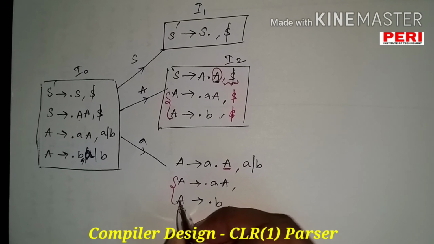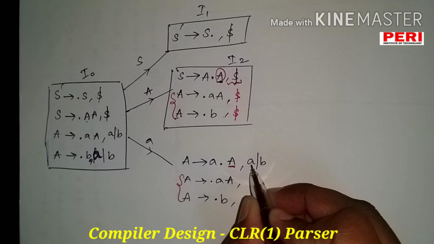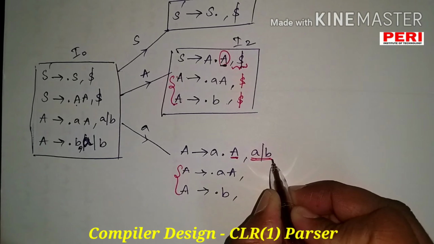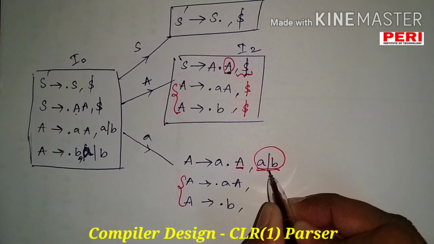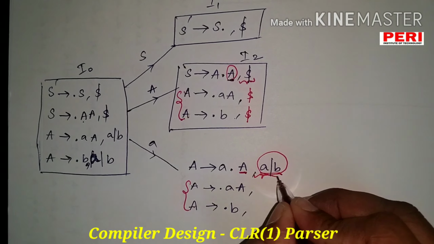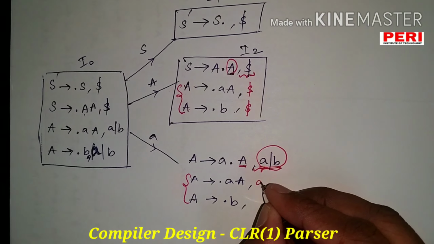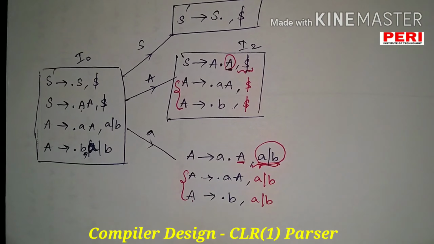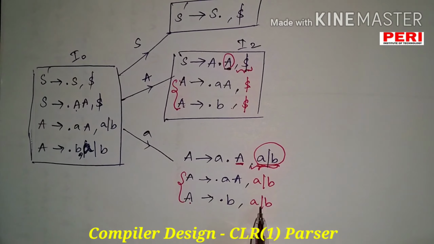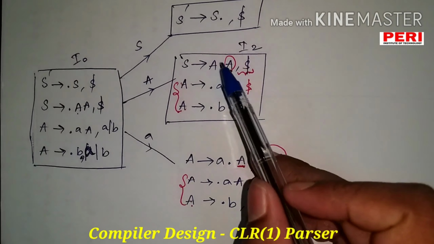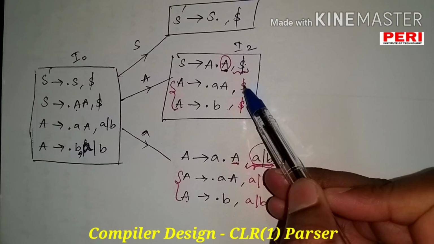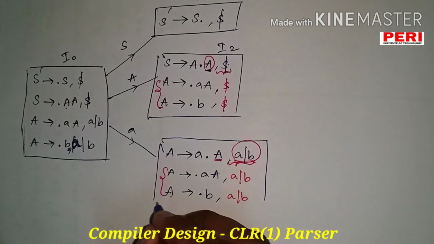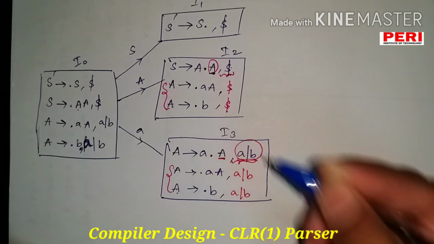This A has a look ahead which is the follow of the A, a and b. Since a or b is the follow of this capital A, with no other elements there, we just add a or b as the look ahead for this A. Since this A is followed by a or b, I am adding that as the look ahead here. In the earlier point, that A was followed by the dollar symbol, therefore I added the dollar symbol for A's production. So now this becomes state I3.